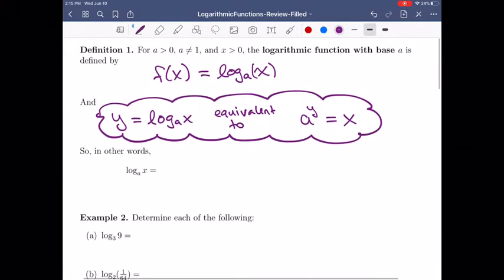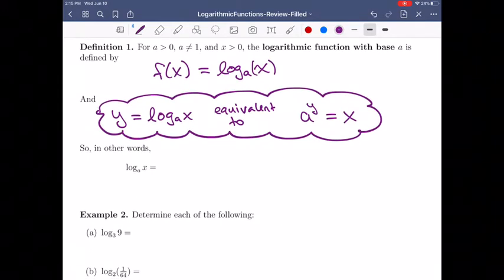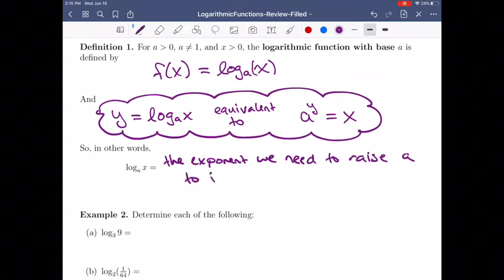Another way to say that is that log base a of x is the exponent we need to raise a to in order to get x. So the y here is the log base a of x, and that's the exponent up here. So a to the y is equal to x.